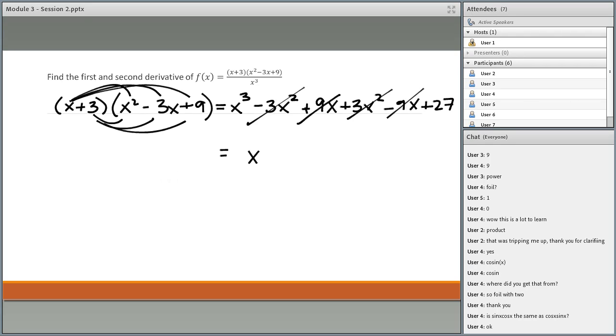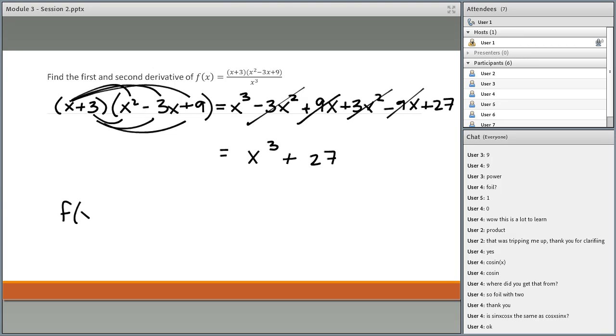So what I have left is x to the third plus 27. So the numerator simplifies down pretty nicely.